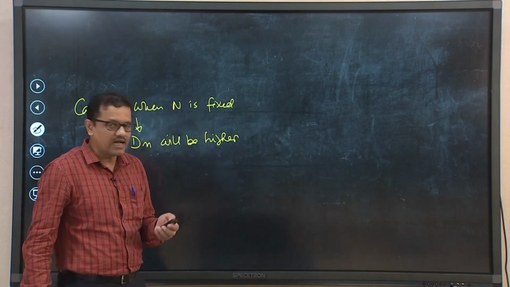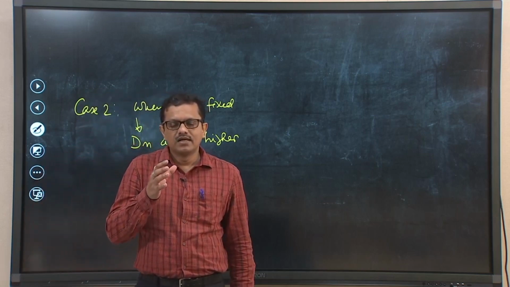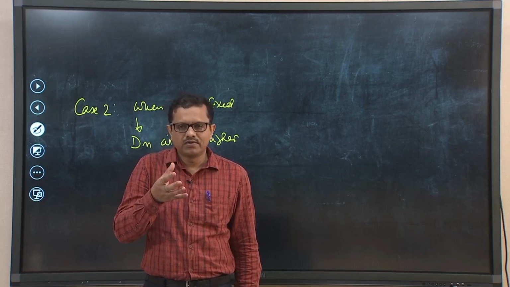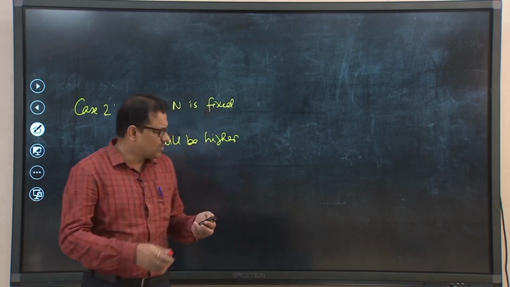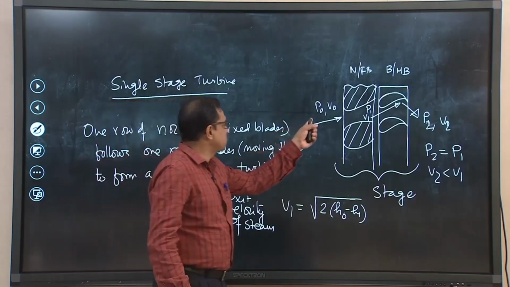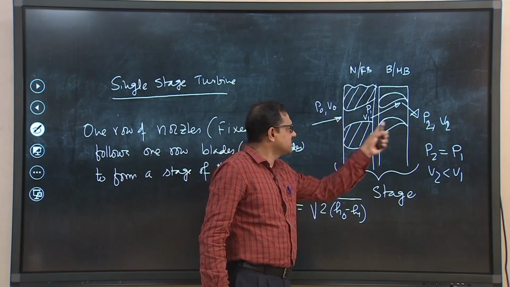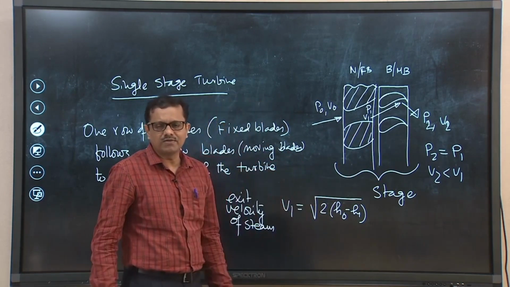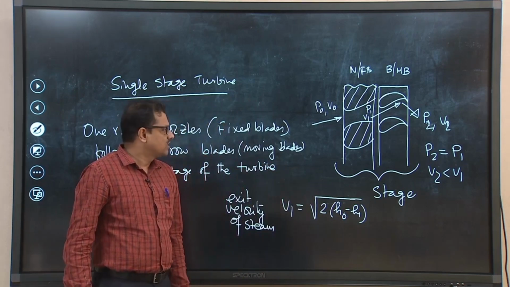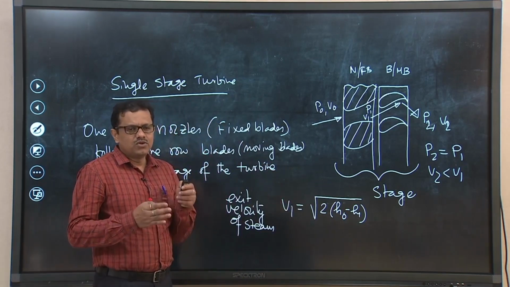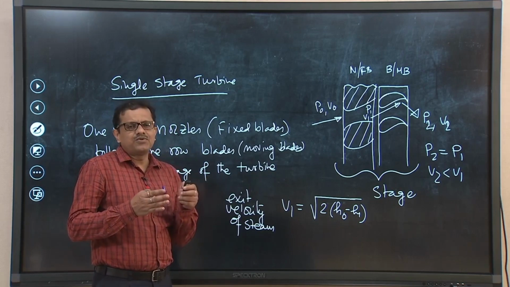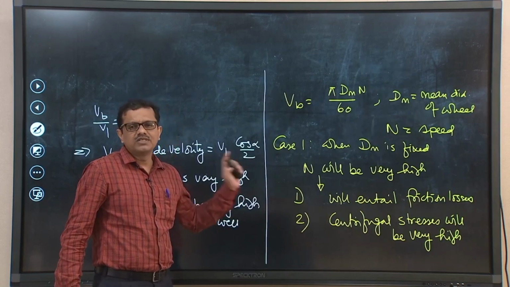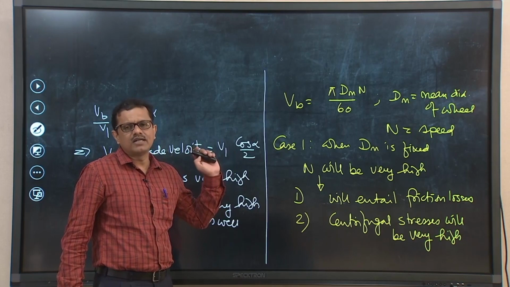So, what we can understand is that to have such an enthalpy drop, because try to understand, we would like to have a drop of pressure from boiler pressure to the condenser pressure, because at the exit of the turbine the steam pressure is the condenser pressure, back pressure. So, basically if you would like to have it, then we have understood the problematic issues which are associated with this particular arrangement.